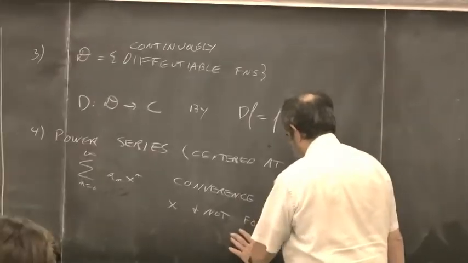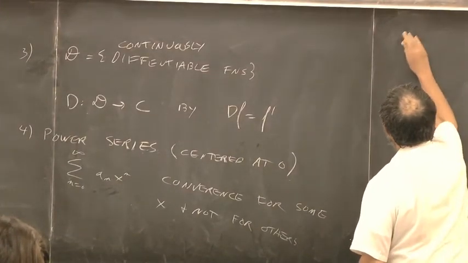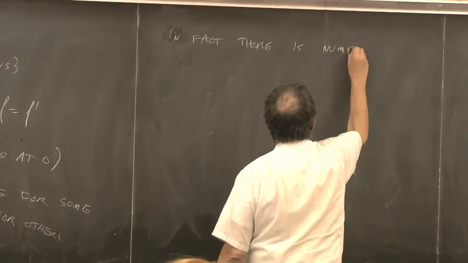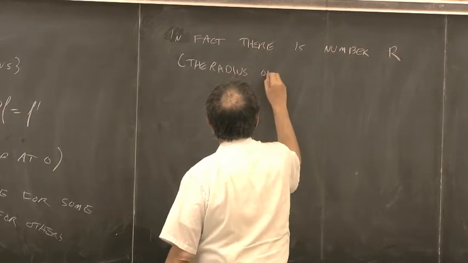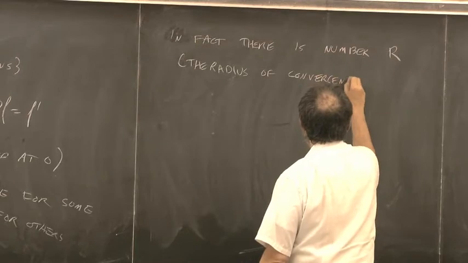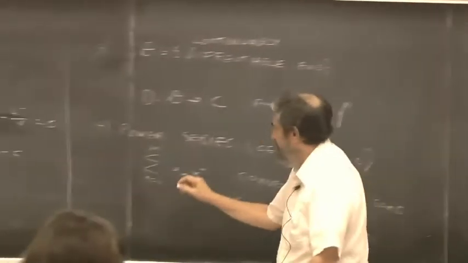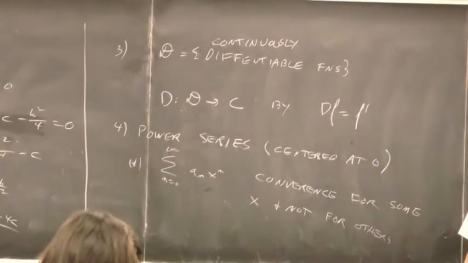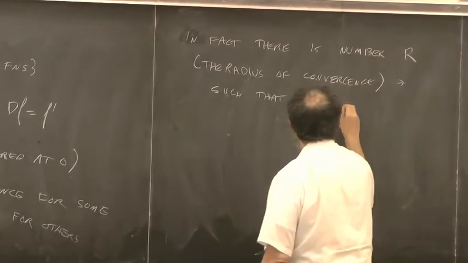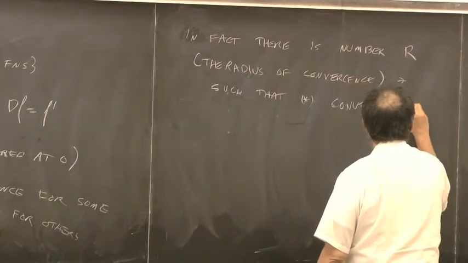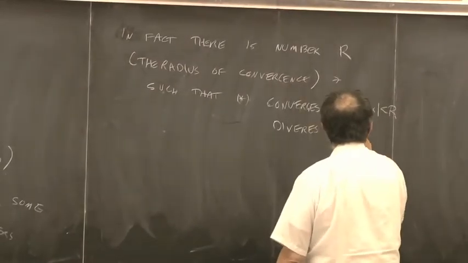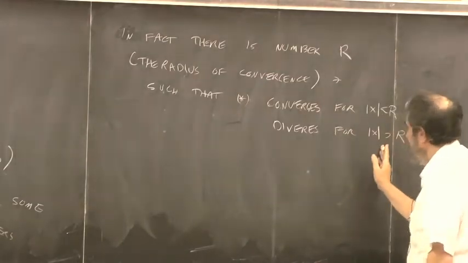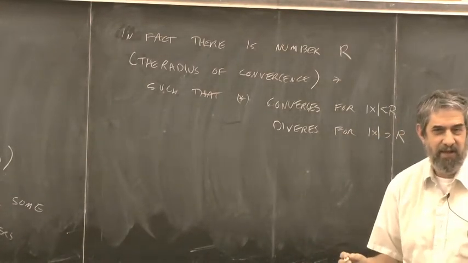So basically, we say that there's a number R called the radius of convergence of the series, such that the series converges for absolute value of x less than R, and it diverges for absolute value of x greater than R. And then for absolute value of x equals R, sometimes it converges, sometimes it doesn't. That's a more delicate question.